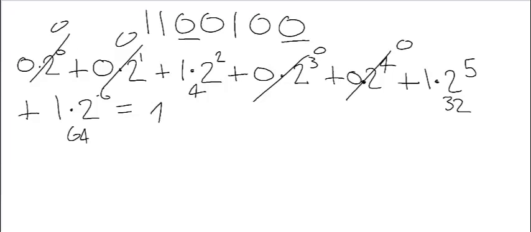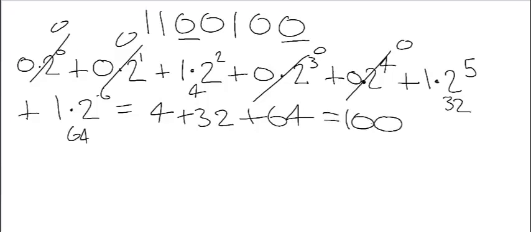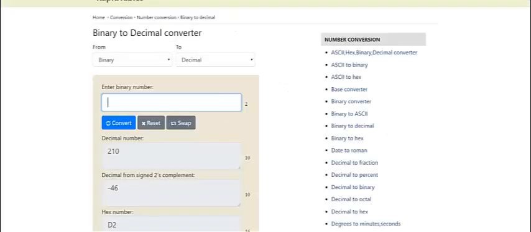So we have 4 plus 32 plus 64. 64 plus 32 is 96. 96 plus 4 is 100. And let's use an online converter. We're actually right. It is 100.